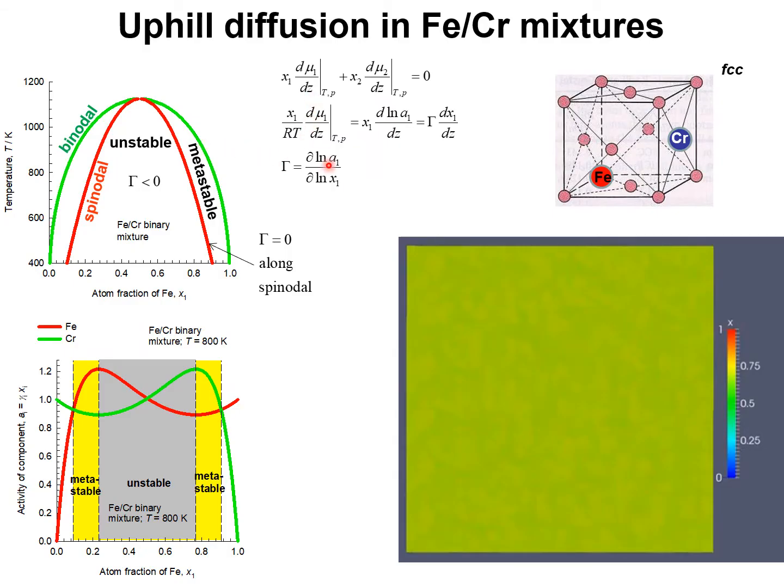Having established that chemical potential gradients are the proper driving forces for diffusion, let us examine the possibility of uphill diffusion in binary mixtures. As an example, let's consider mixtures of iron-chromium alloys.